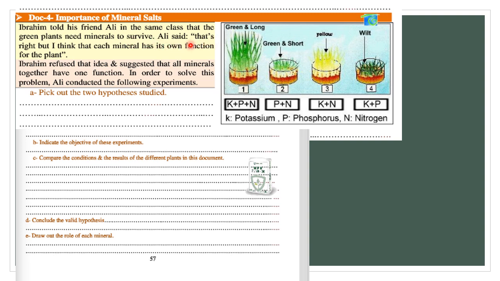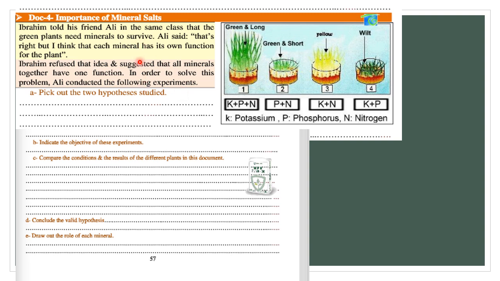Ali said, "That's right, but I think that each mineral has its own function for the plant." Ibrahim refused the idea and suggested that all minerals together have one function. In order to solve this problem, Ali conducted the following experiment.